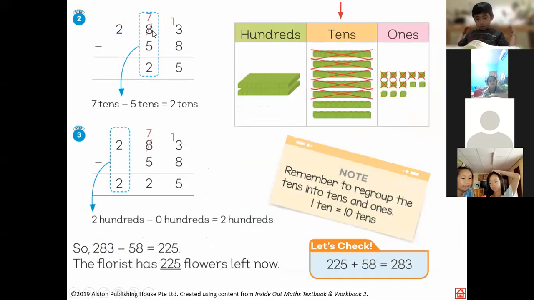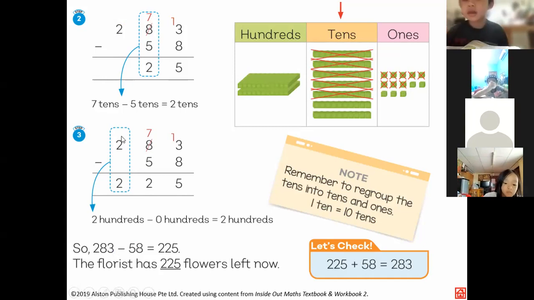And now step number 2. Since we cancel number 8, and now it will become 7, so we can now subtract 5 from 7. So 7 minus 5 is equals to 2, okay? So that's the second step. Now the third step, step number 3.